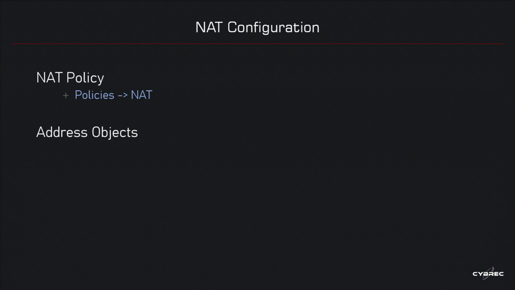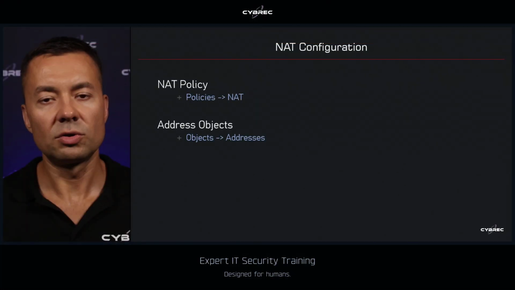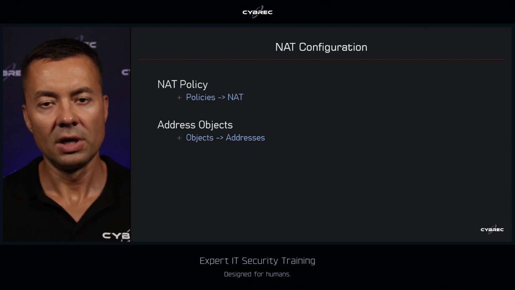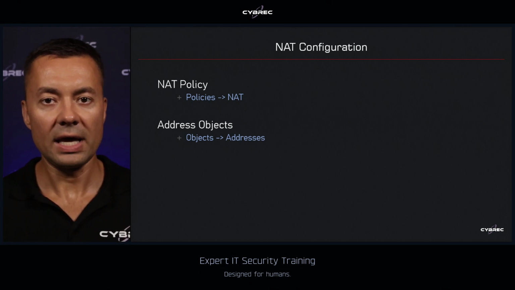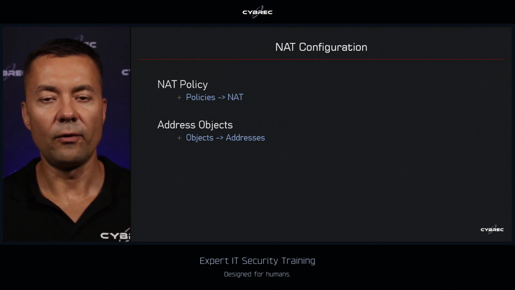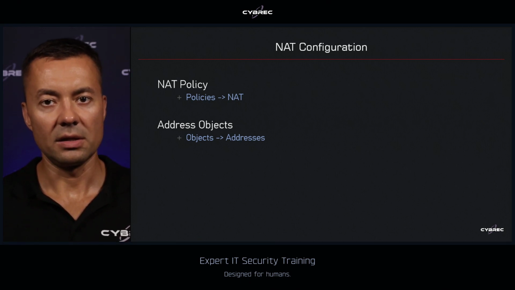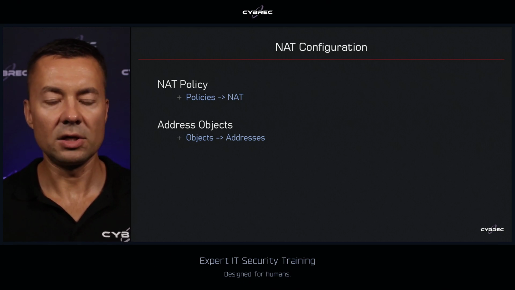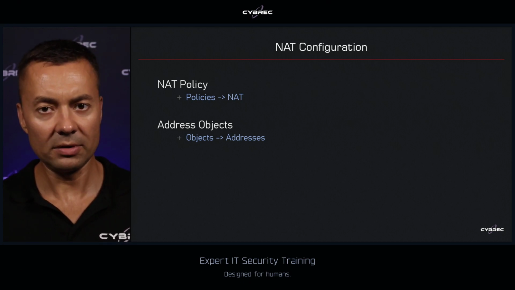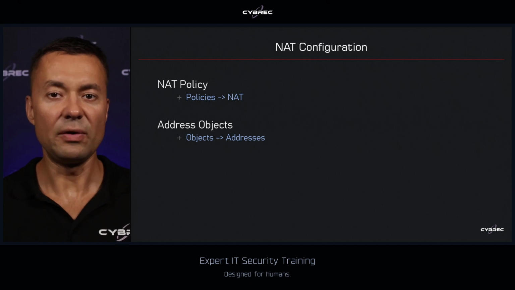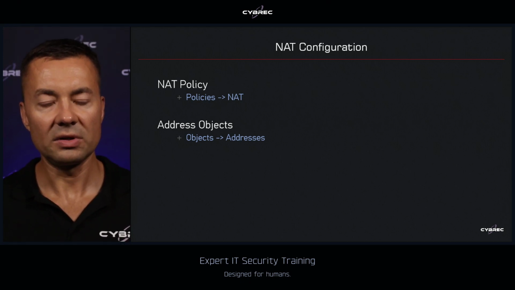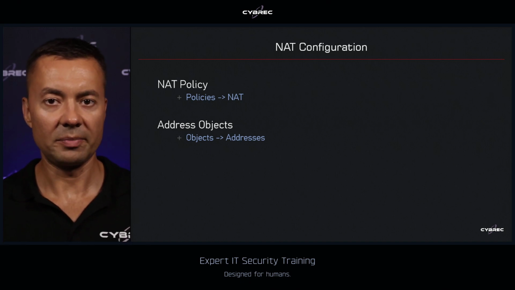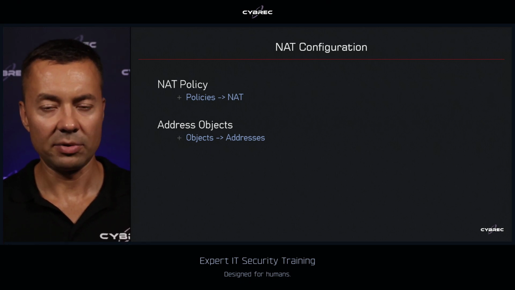Now, as a best practice, and also something that I recommend when you work with NAT, either as you practice or especially in production, is to create objects for the data that you will use inside of the security policy, plus different, easily distinguishable objects just for the purposes of configuring your NAT policy rules.